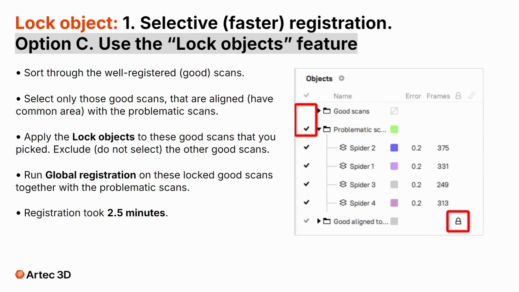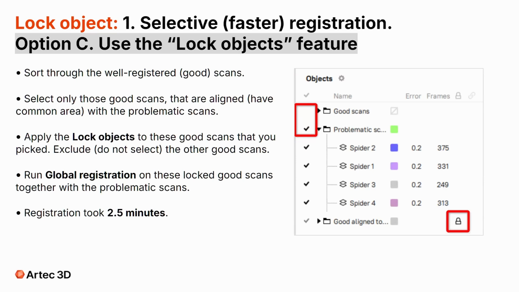You apply the lock object status strictly to these good neighbors, excluding the rest of the project. When you run global registration, the algorithm only calculates the relationship between your problematic frames and these immovable anchors. This strategy offers the ultimate speed profit, finishing the task in just 2.5 minutes.